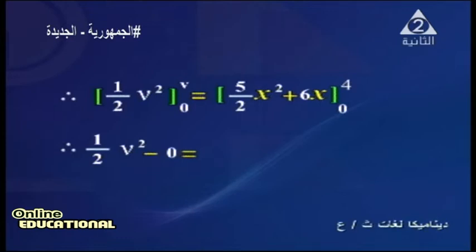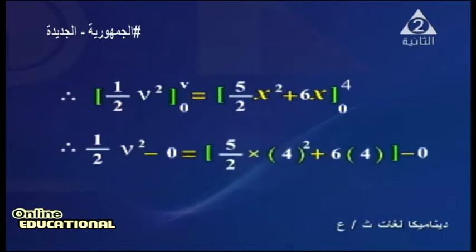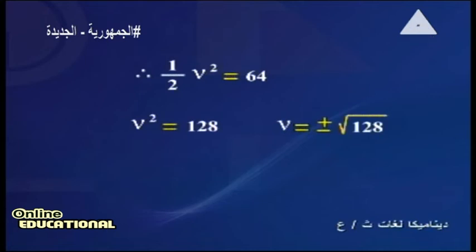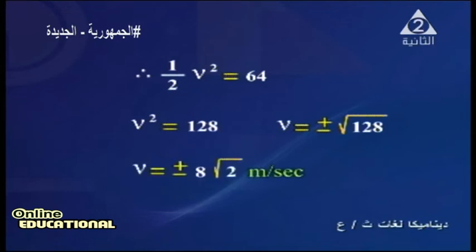And the right hand side equals 5 over 2 times 4 power 2 plus 6 times 4 minus 5 over 2 times 0 minus 6 times 0, which equals 64. Then half v power 2 equals 64. Multiply both sides by 2, then v power 2 equals 128, then the velocity equals positive or negative square root of 128, then the velocity equals positive or negative 8 root 2 meter per second.